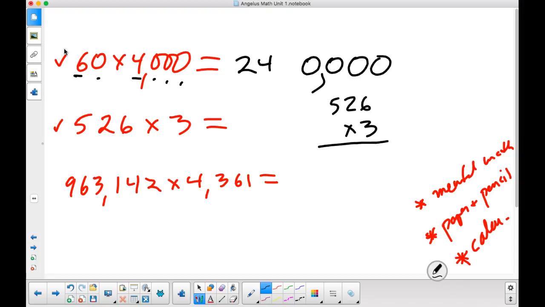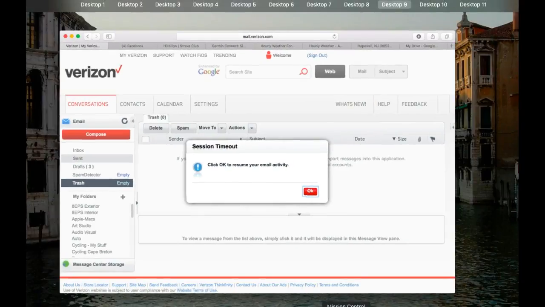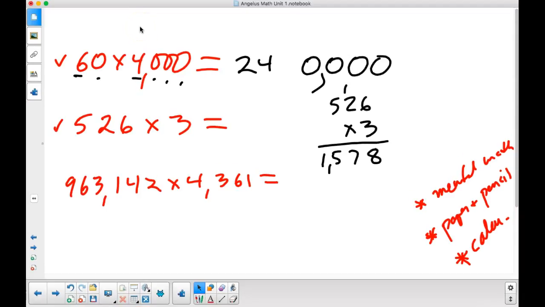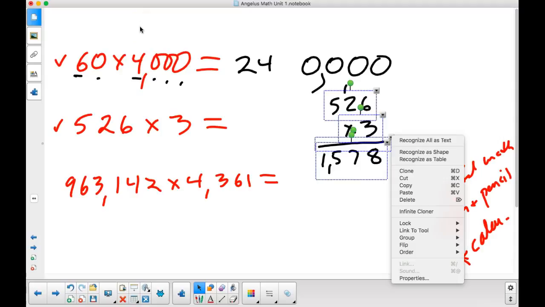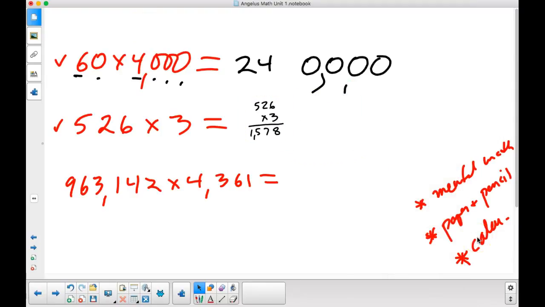This is a very reasonable problem for paper and pencil. 3 times 6 is 18, you can regroup. And that, boys and girls, was a pretty straightforward problem as far as paper and pencil.